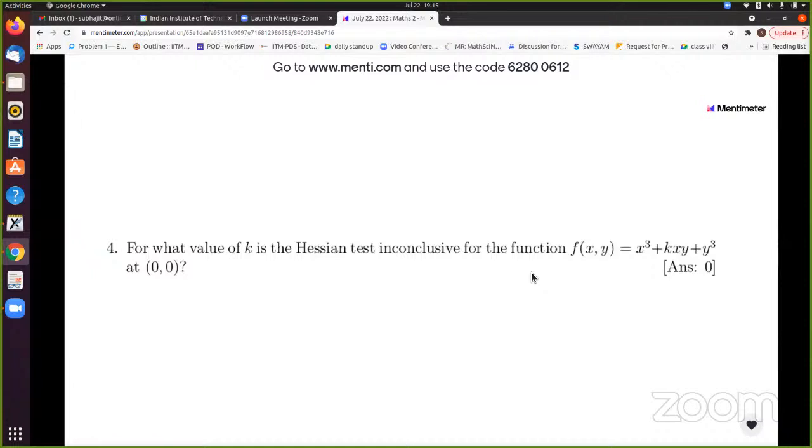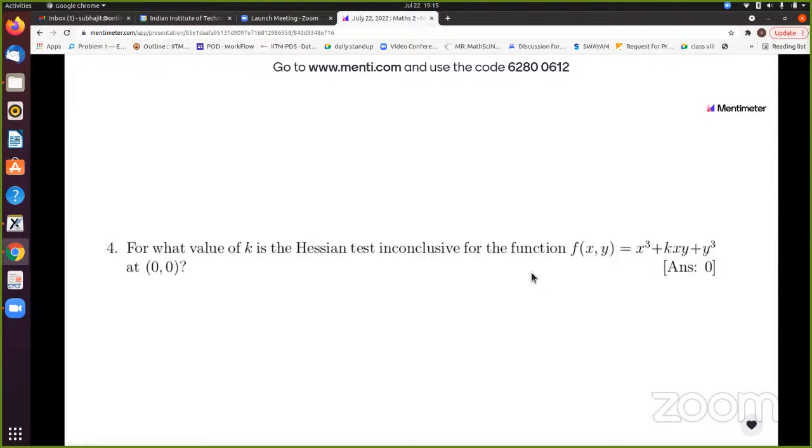For what value of k is the Hessian test inconclusive for this function? The test is inconclusive only when the determinant of the Hessian matrix is 0.